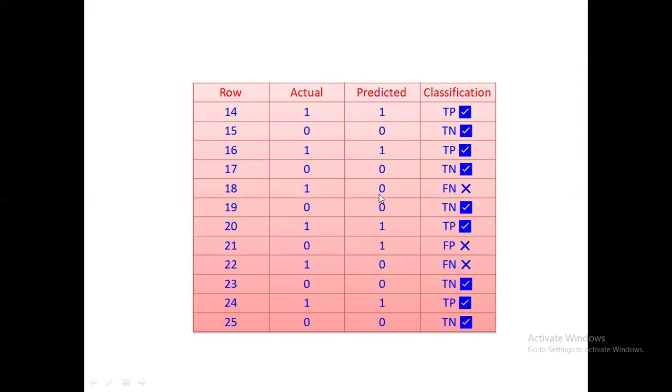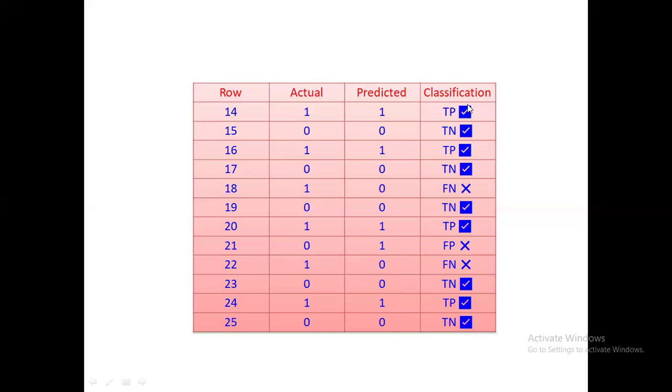Here we have to get 0 but instead we are getting 1. 1 means positive, so what do we have to write here? False positive. Here we have to get 1 but instead of 1 we are getting 0, so false negative, true negative, true positive, true negative.